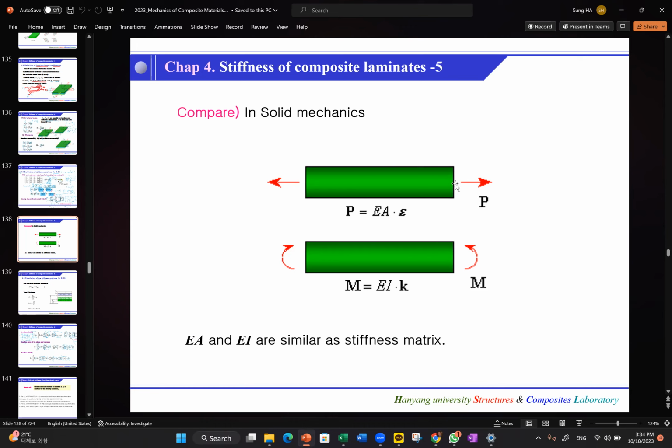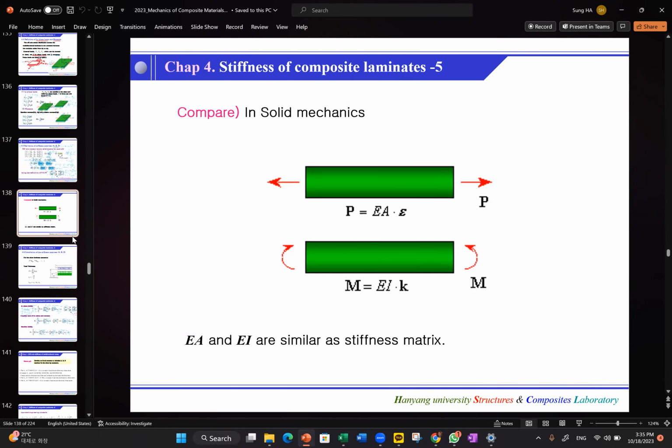So EA is the in-plane stiffness, and this is the bending. If we apply the bending, there will be some curvature, and between the moment and curvature, there's a bending stiffness.